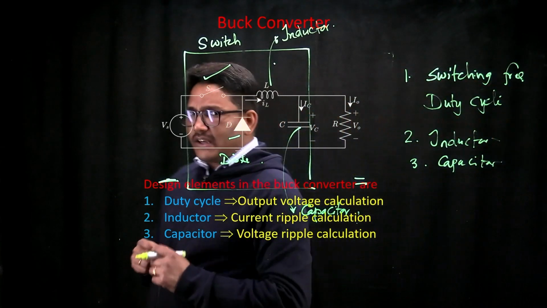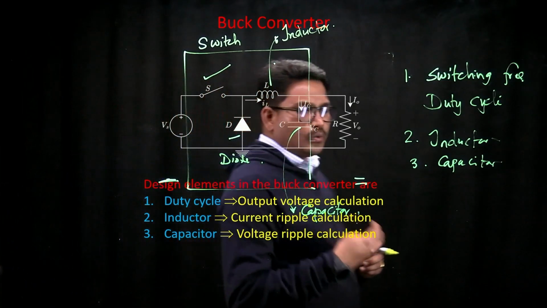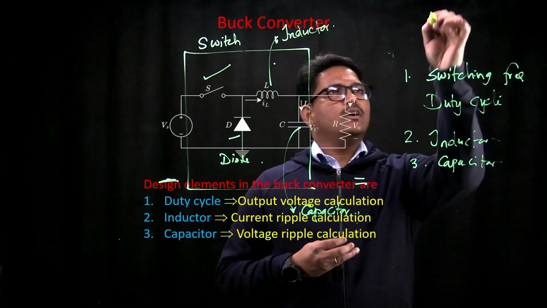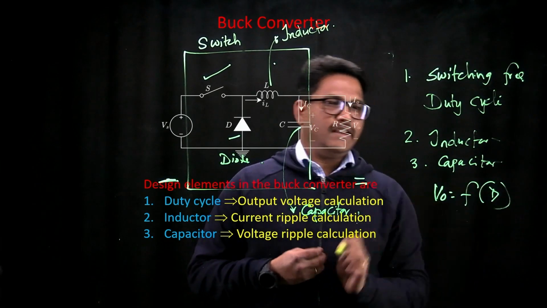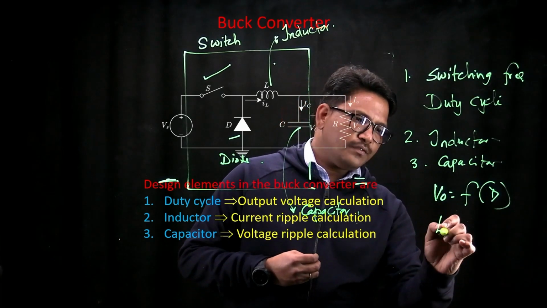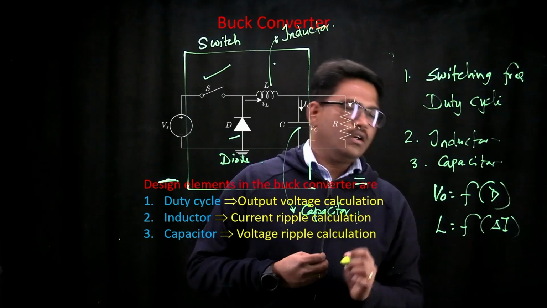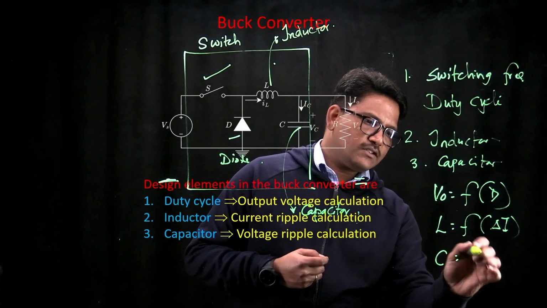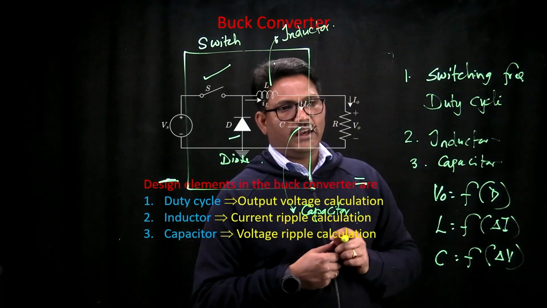So we'll try to get the mathematical expressions for the output voltage as a function of the duty cycle, that means we would like to get V naught as a function of the duty cycle, say D, as well as the value of the inductance as a function of the current ripple that we want, and the value of the capacitance as a function of the amount of voltage ripple that we expect.